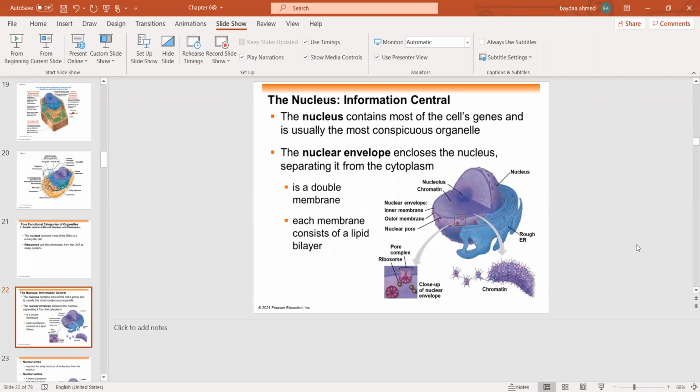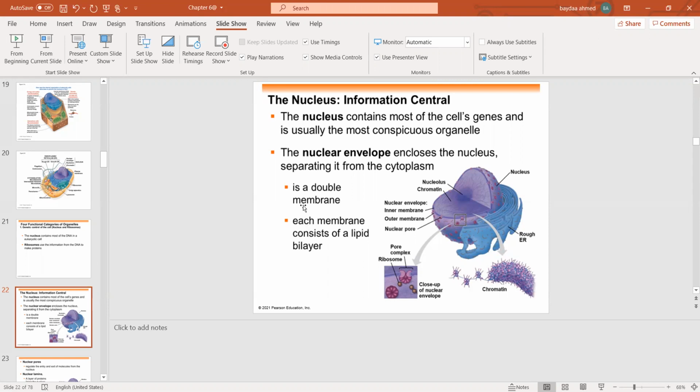On the first stop of our detailed tour of eukaryotic cells, we will talk about the nucleus. The nucleus, as I said, contains most of the cell's genes and is usually the most conspicuous organelle. The nucleus is surrounded by a double membrane, and we call this double membrane the nuclear envelope.